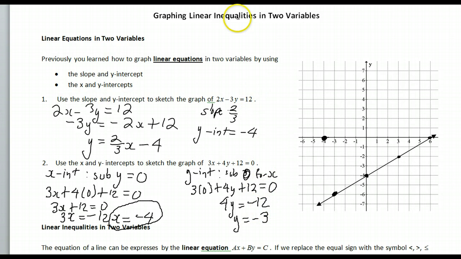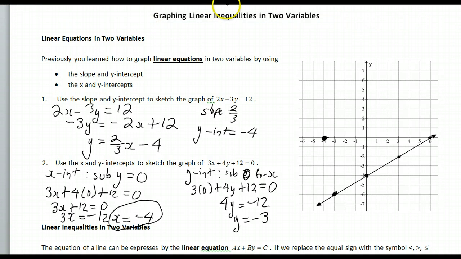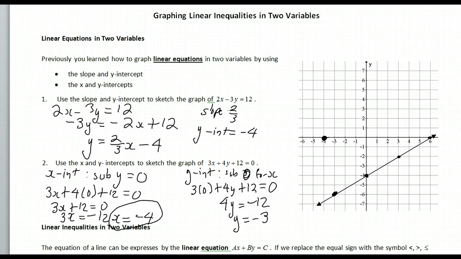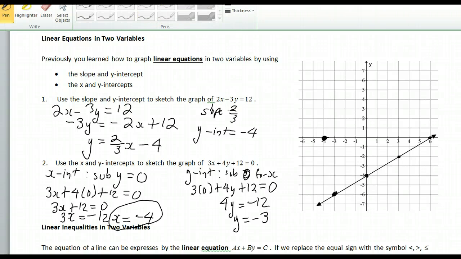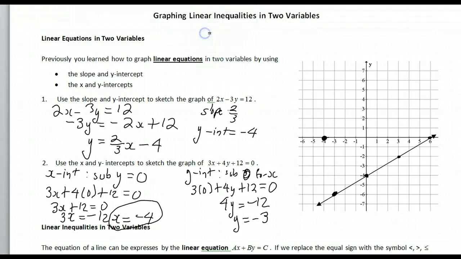Okay, let's go graph. y is negative 3. I'm going to try and get a different color here. Pen tools. Color. Oh, let's go with blue. Okay, now I've got to find my pen. Okay, negative 4, 0, and the y value is negative 3, which is down here.